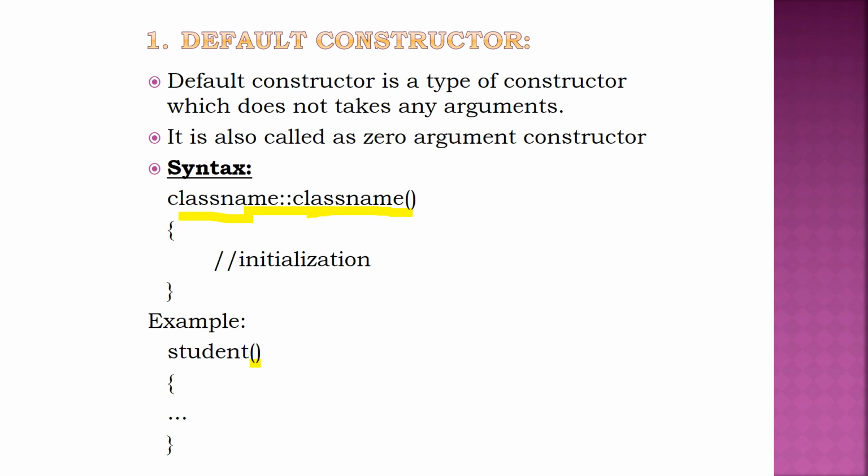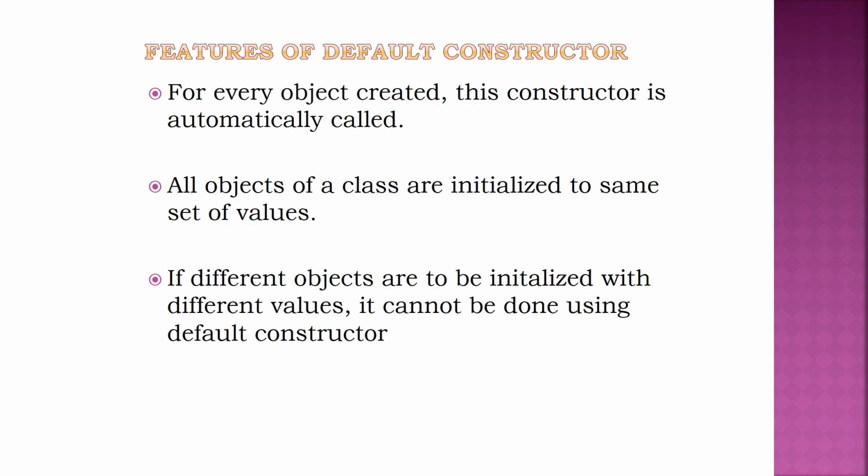Let us see what the features of a default constructor are. The major feature of a default constructor is that for every object which we create, the constructor is automatically called.